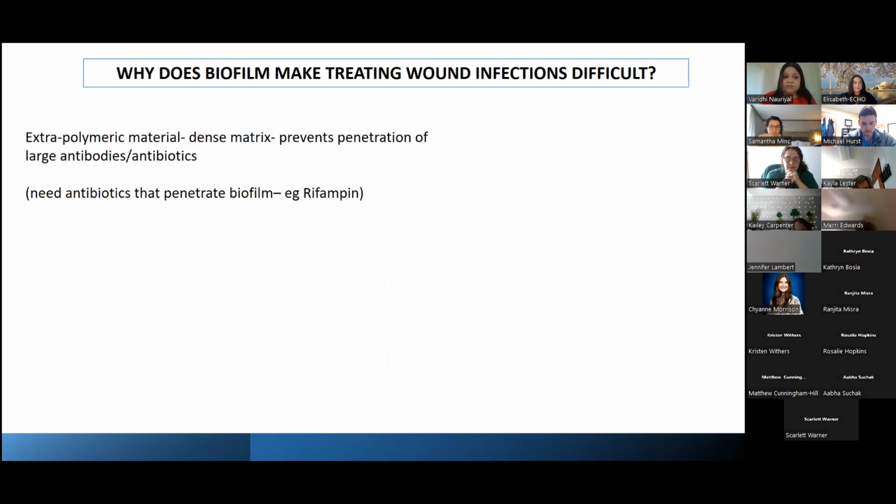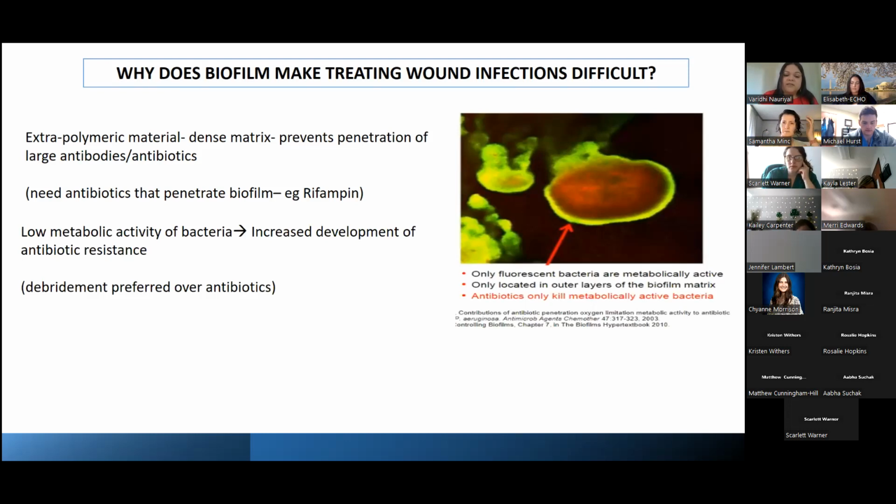That's why there's a lot of talk of using rifampin, which is considered an antibiotic that can penetrate biofilms. It basically works at a DNA polymerase level, and that's why it is able to penetrate better than most of the other antibiotics.